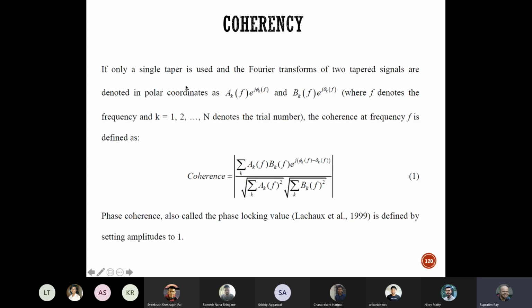Okay, so here's what it is. If only a single taper is used, and I denote the two tapered Fourier transforms as a_k multiplied by e^(jφ_k) and b_k multiplied by e^(jθ_k), then the coherence is nothing but a_k multiplied by b_k e to the power j(φ minus θ). This is what I was showing you here.